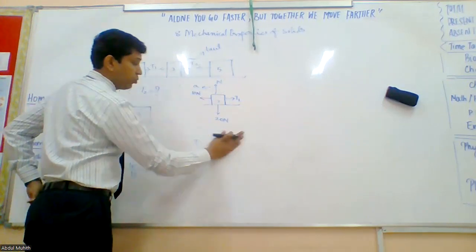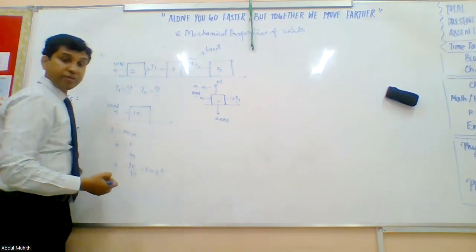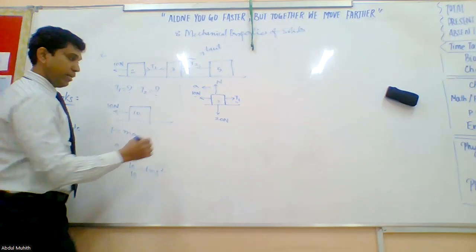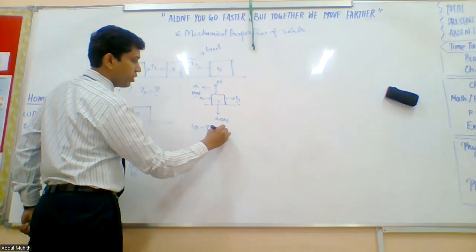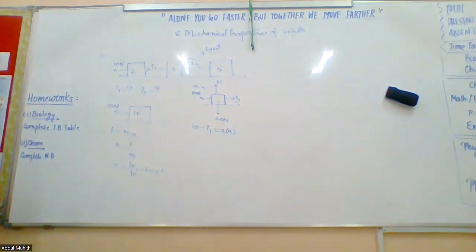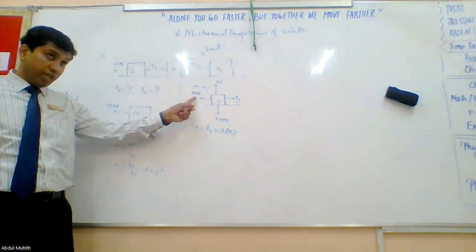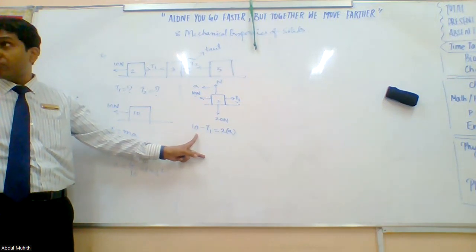So here we have to give top priority to this one. 10 minus T1 is equal to ma, 2 into a. Why am I writing 10 before? Why not T1? Because the acceleration is in the direction of 10 newtons. So that is given more priority. Understood now? That's the reason.